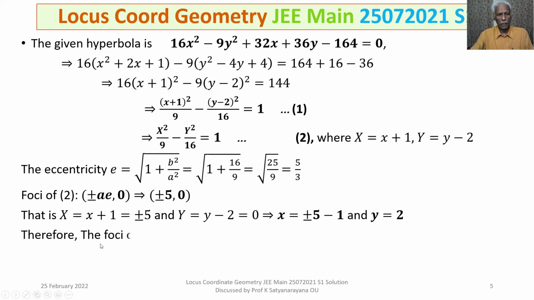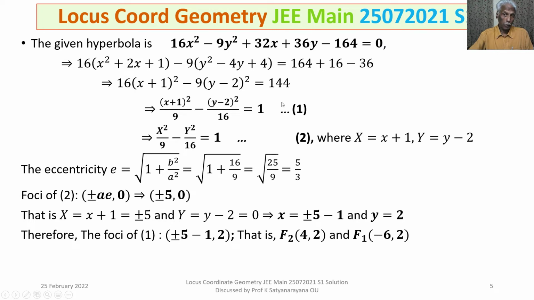So the foci of the above hyperbola 1 is given by plus or minus 5 minus 1 comma 2, that is the F1 is given by minus 5 minus 1 comma 2, that is minus 6 comma 2, and plus 5 minus 1 comma 2, that is the focus F2, that is 4 comma 2.